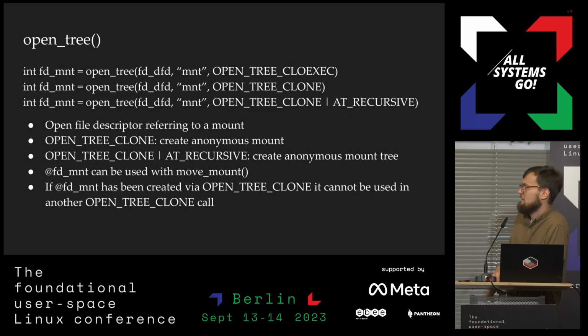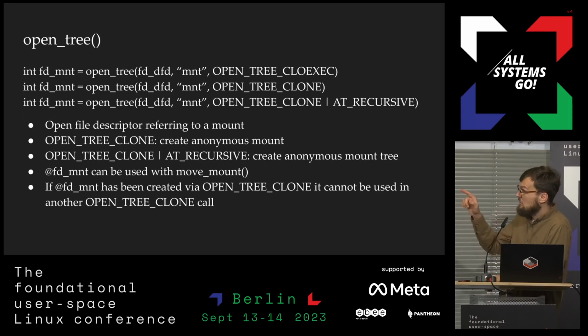And then OPEN_TREE_CLONE lets you create an anonymous mount. So in a sense, this is equivalent to what you would get from an fsmount call. An fsmount file descriptor is a reference to an anonymous mount. What it does here is internally copy an existing mount. It creates a full copy and gives you an anonymous mount back, so not attached to any mount namespace that you can interact with.